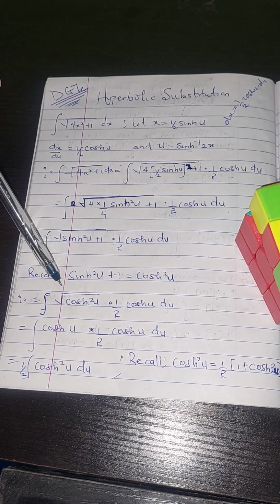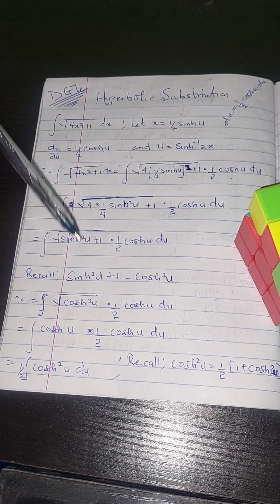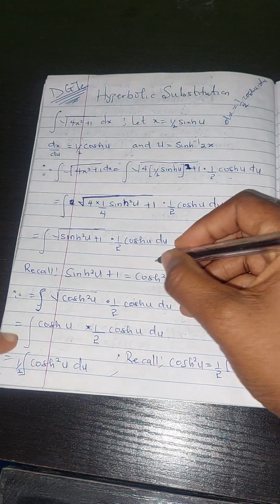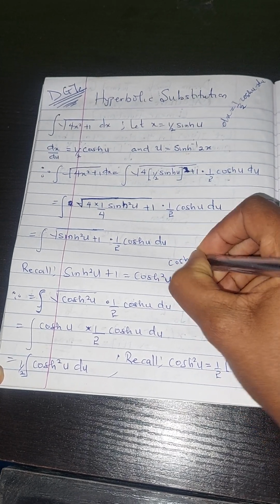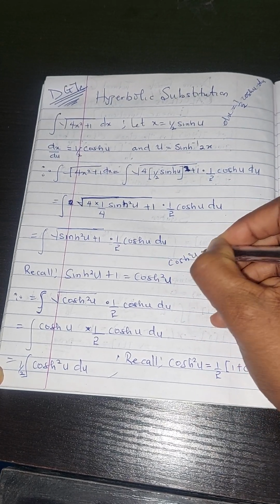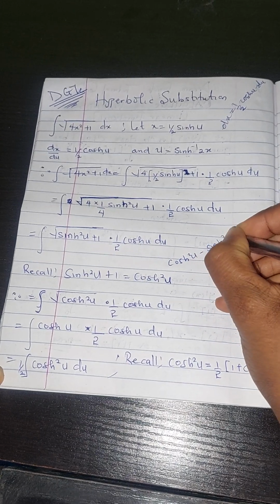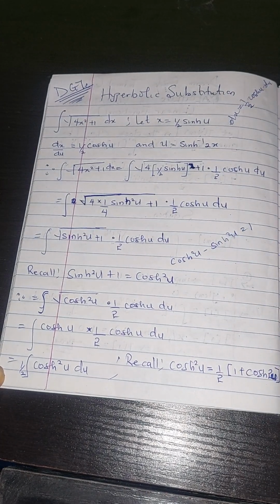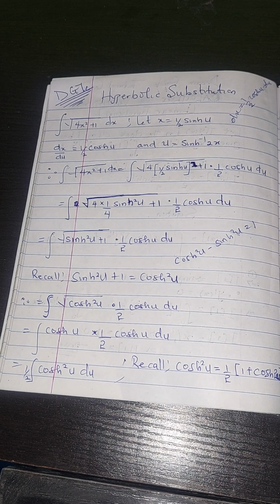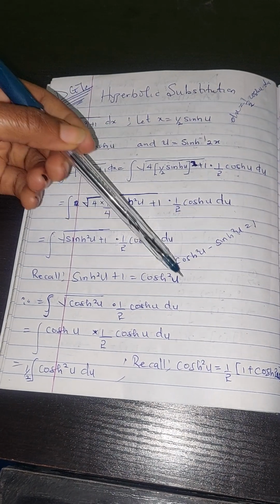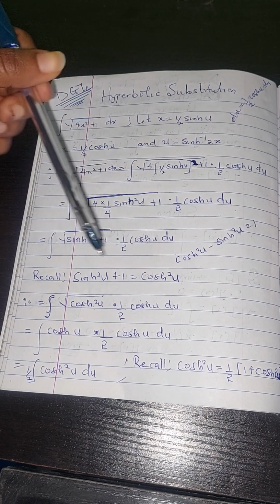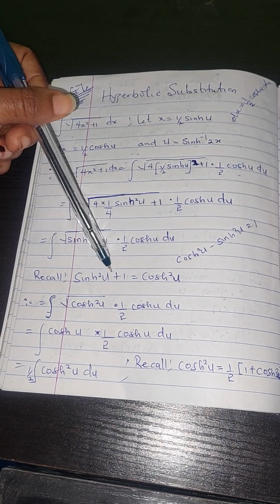Now you have to recall that hyperbolic cos squared u minus hyperbolic sine squared u equals 1. So it implies that hyperbolic cos squared u equals hyperbolic sine squared u plus 1.